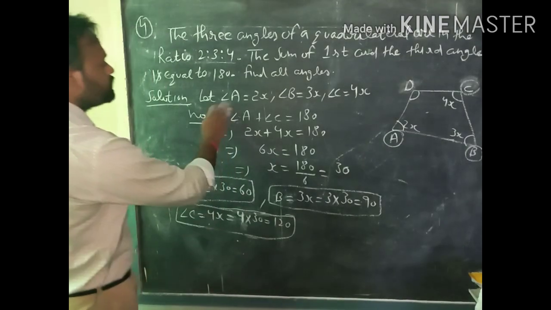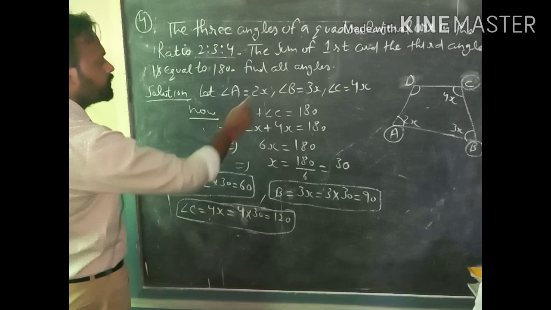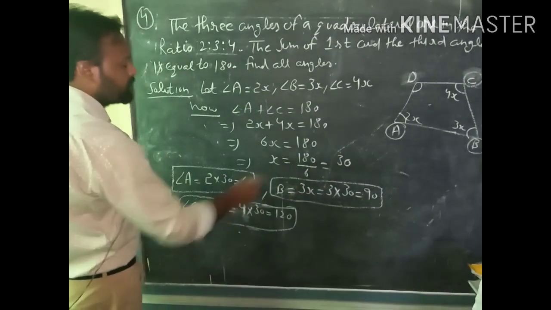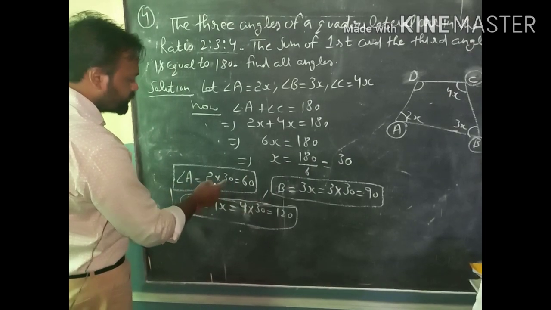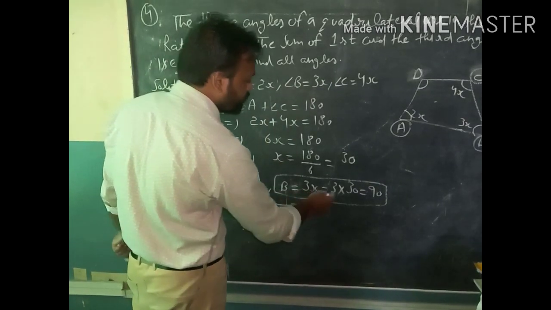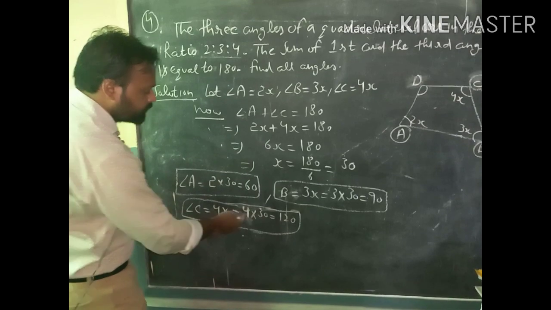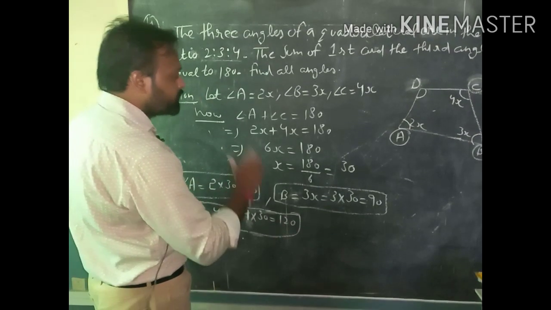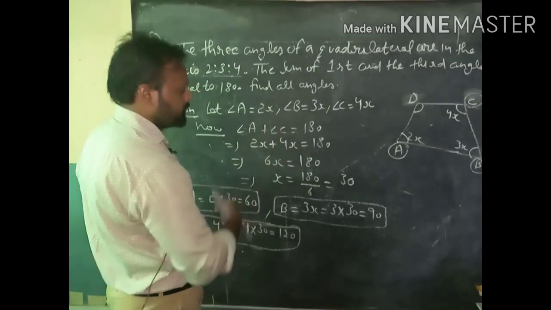Angle A is 2x, so 2 into 30 is 60. Angle B is 3x, 3 into 30 is 90. Angle C is 4x, 4 into 30 is 120. So we found the first three angles by the condition given to us.